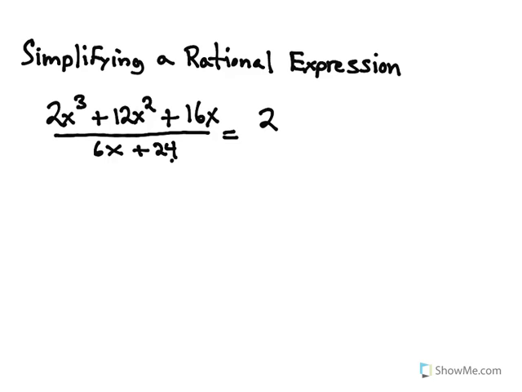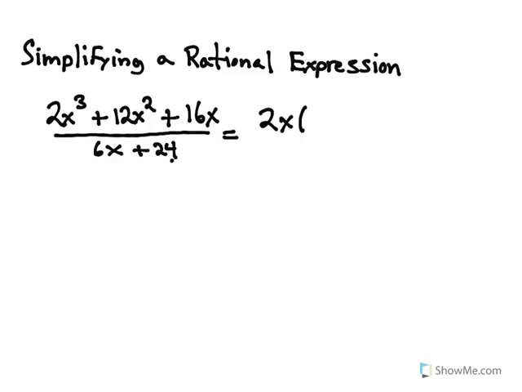And if you look at the exponents, x cubed, x squared, and x, since we have the same variable, in order to take out the GCF, just choose the lowest exponent, which is going to be x. And then this is my GCF for my numerator.